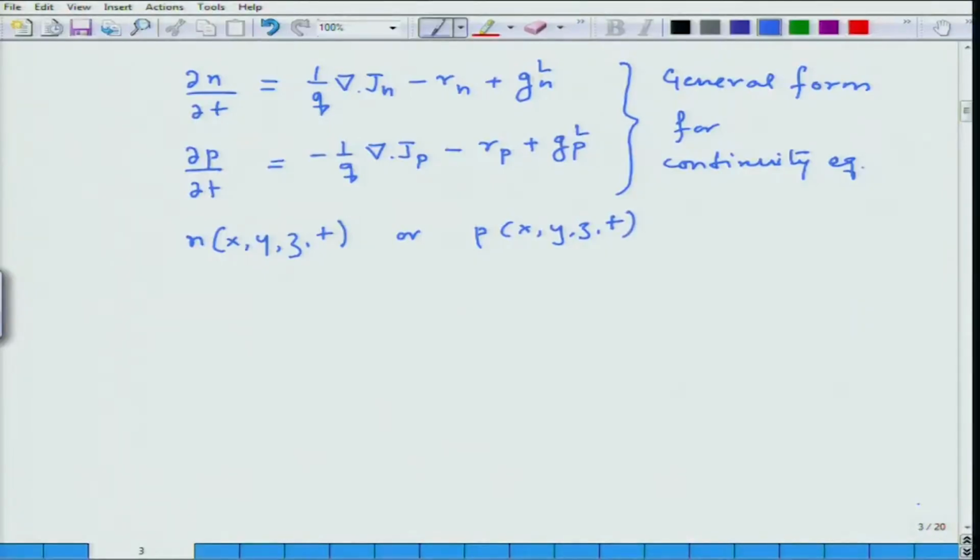Now, these are not in themselves sufficient, because we need additional information. So, let us try to see what all we know, the equations that we need to solve in order to find a solution in a device.